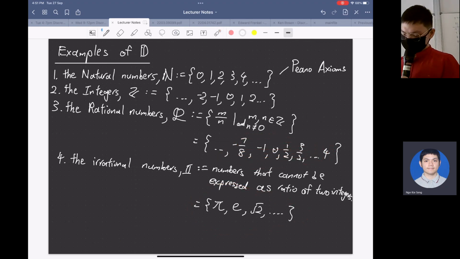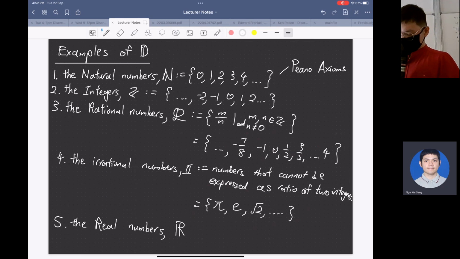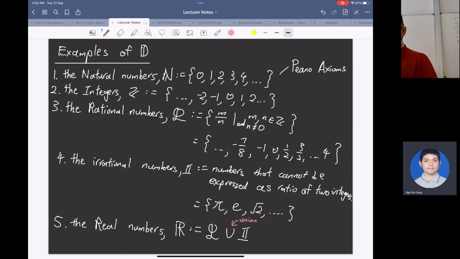And then you should know that the real numbers are all these numbers. I didn't introduce this notation, right? This is union. When I say union, it's like taking all of them together.